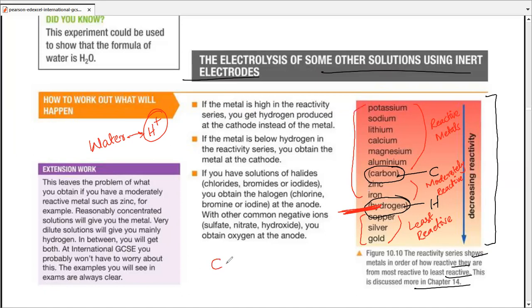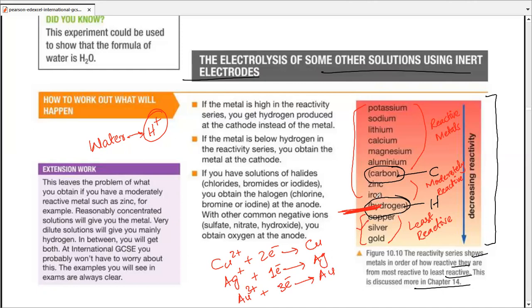So it's pretty easy that copper ions would reduce easily to give us copper atoms, or the silver ions would reduce easily to give us silver atoms, or the gold ions would reduce easily to give us gold metal. Because these 3 are less reactive than hydrogen.